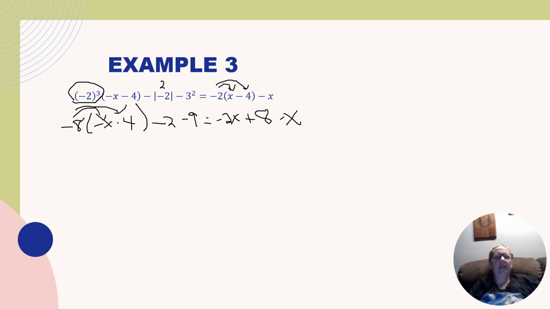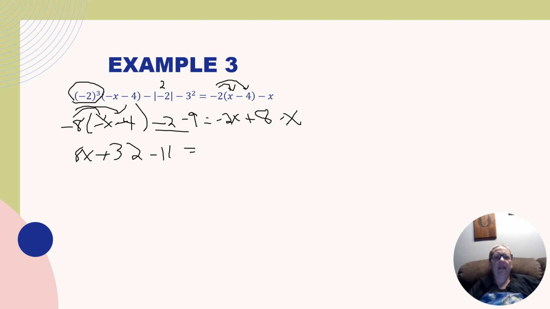So negative 8 times negative x is positive 8x. Negative 8 times negative 4 is positive 32. I can go ahead and combine these right now. I could wait till later, but it doesn't matter. So negative 2 minus 9 is negative 11.